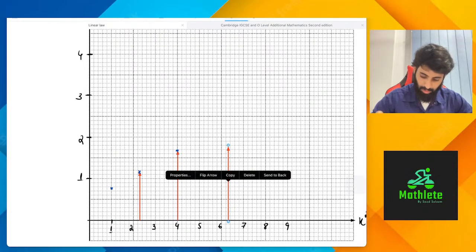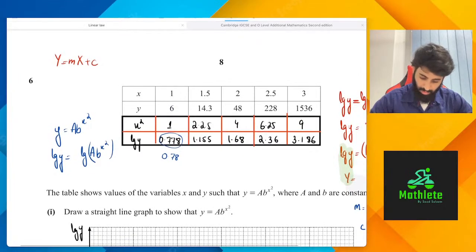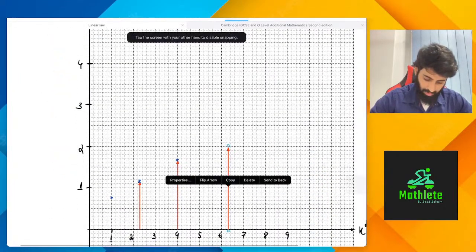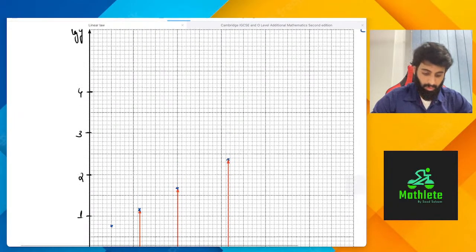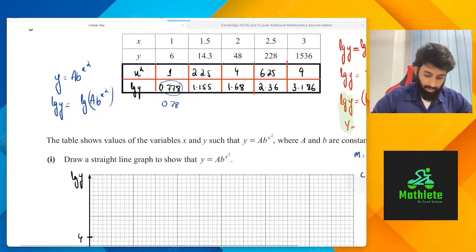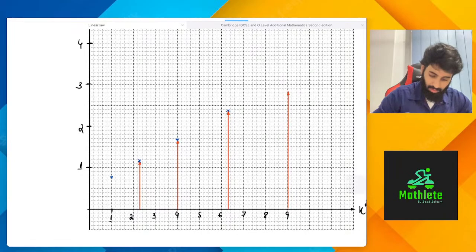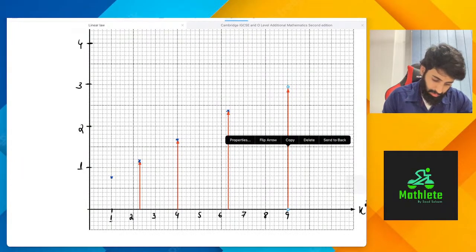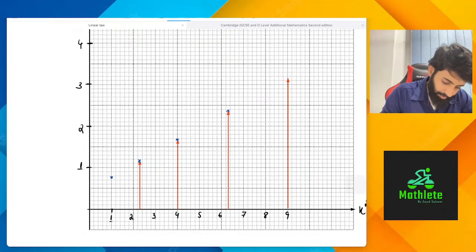Sorry, 2.36. So here's 2.1, 2.2, 2.3, 2.4, so somewhere in between. There you go. And then finally 9 comma 3.186, so 9 and then 3.1, 3.186, so approximately somewhere over here.